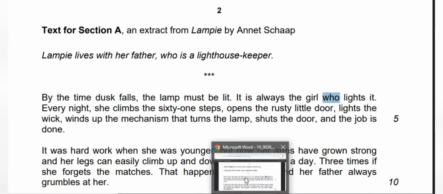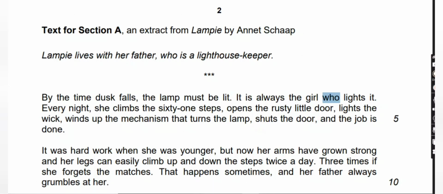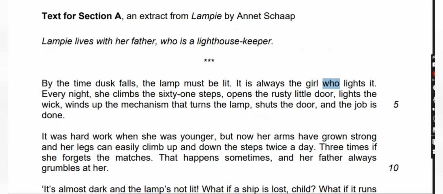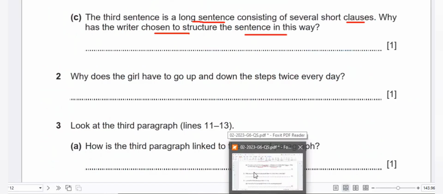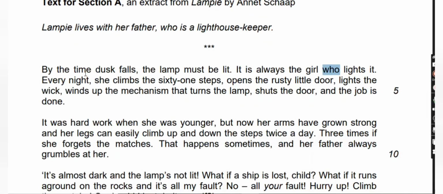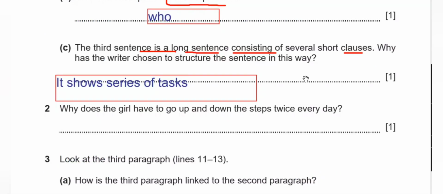Let's go to the text. Third sentence, okay. This is one sentence because there's a full stop. The second sentence here because there is a full stop. So now let's go to the third one. The third one is starting here.